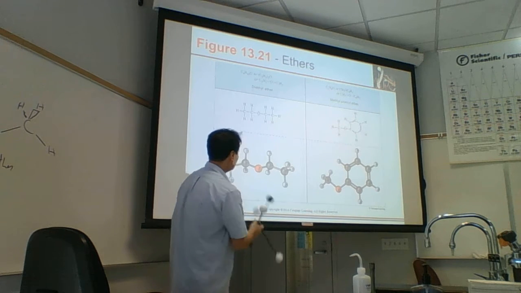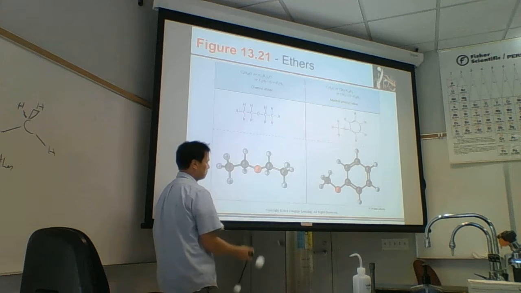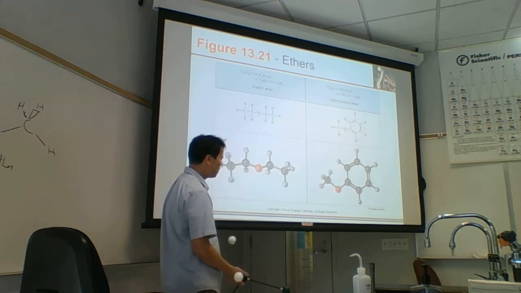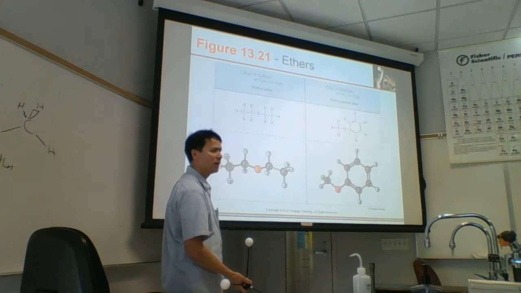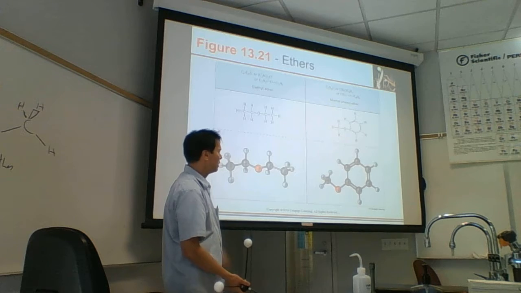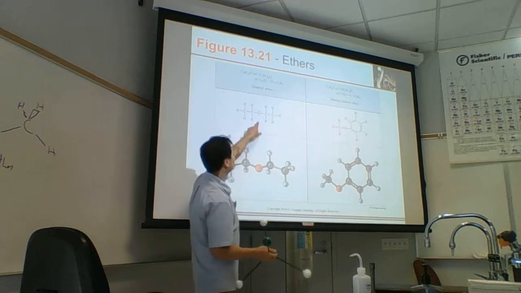This is tetrahedral. What is this? Bent at what angle? We have 2 bents: a bent at 109 and a bent at 120. This is bent at 109. How do I know? Because there are 2 lone pairs there that aren't shown. I want you to show the lone pairs.